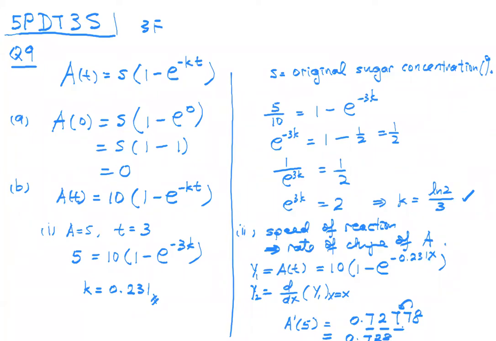Are you clear? That is how you round to 3 significant figure. First non-zero from the left. The rest you don't have to think. Just first non-zero from the left. So it's very easy. Okay, this is called 3 significant figure.